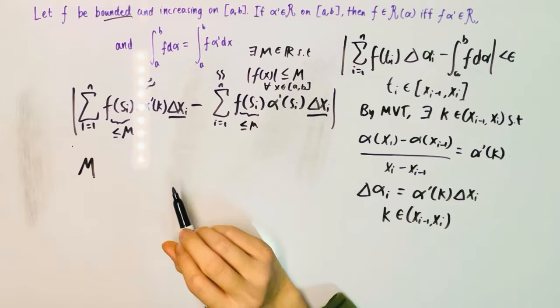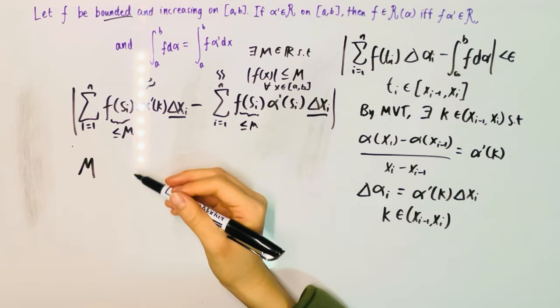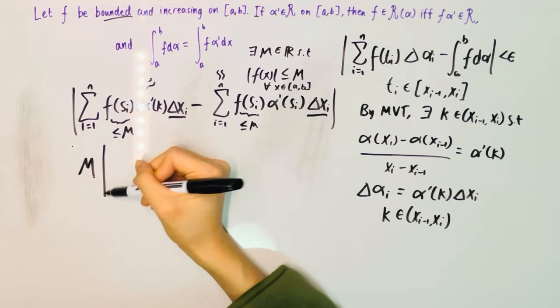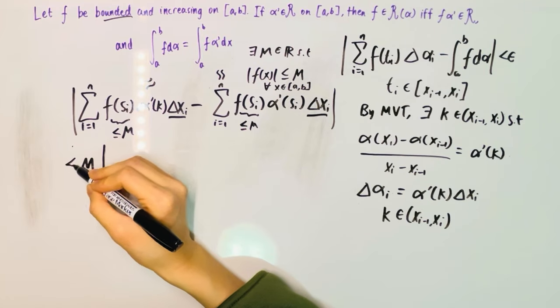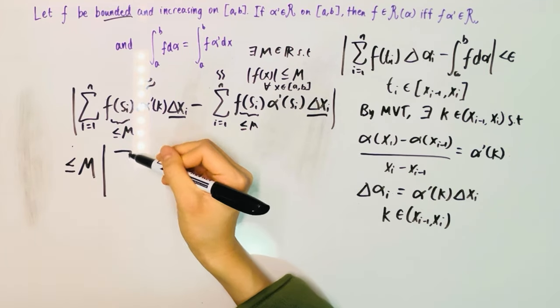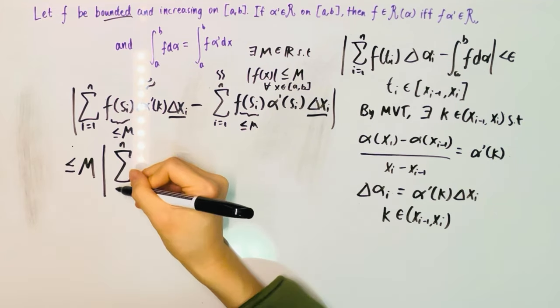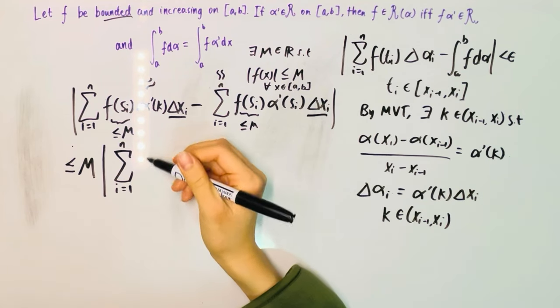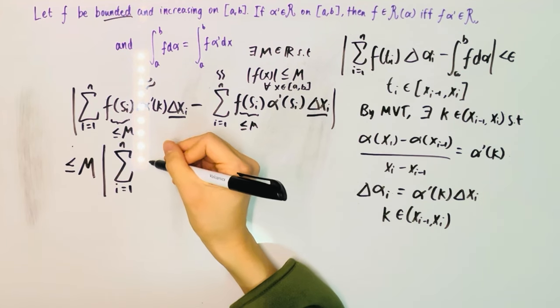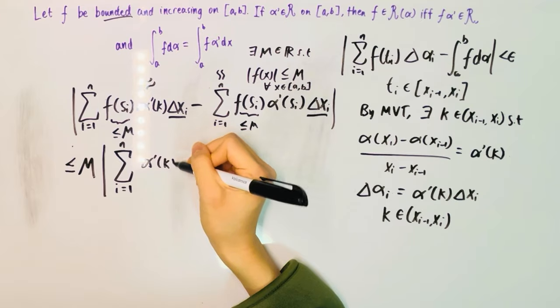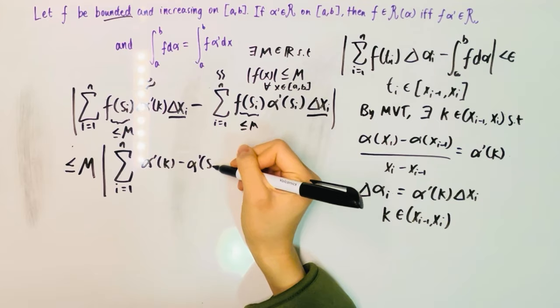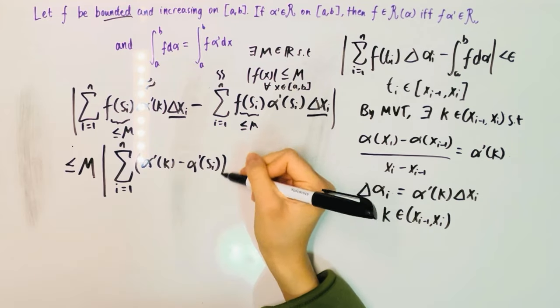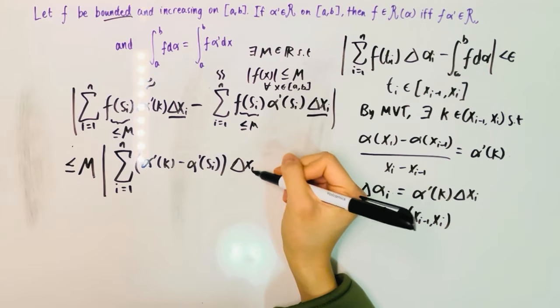And just make m positive, just to make things easier. All right, so then we can simplify this to be less than or equal to m times the sum from i equals 1 to n of alpha prime of k minus alpha prime of si times delta xi.